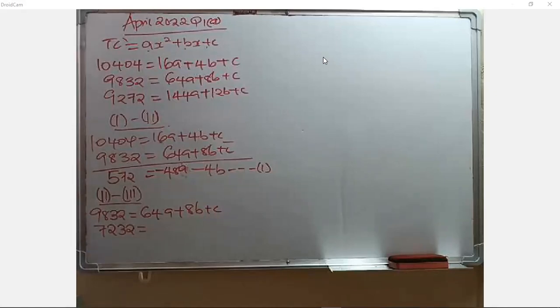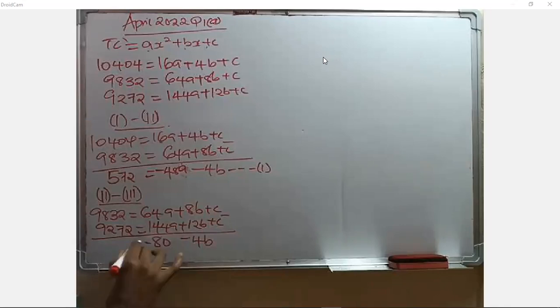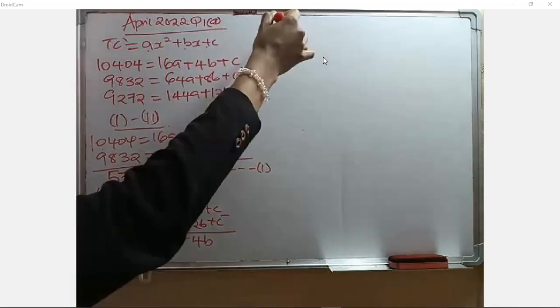So it is 9832, and the third is 9272, which equals 144A plus 12B plus C. Eliminate C. This is negative 4B. 64 minus 144 gives negative 80A, which equals 9832 minus 9272. We are getting 560.